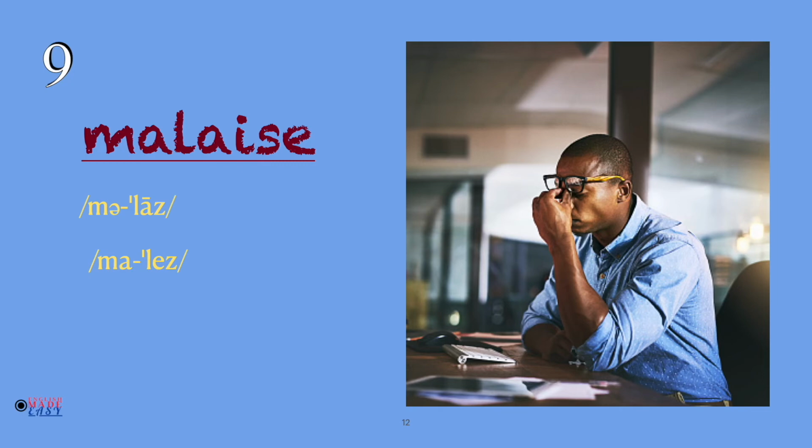The S takes a Z sound, and the letter E at the end of the word is dropped. In the second variation, the letters A and I take a combined long E sound, and just like in the first variation, the letter S takes a Z sound, and the letter E at the end of the word is dropped. So this word is pronounced as either malaise or malaise.